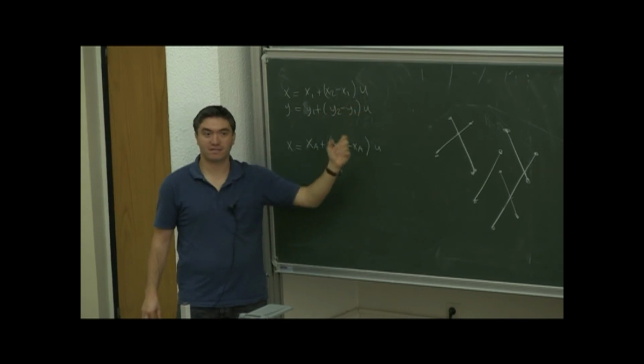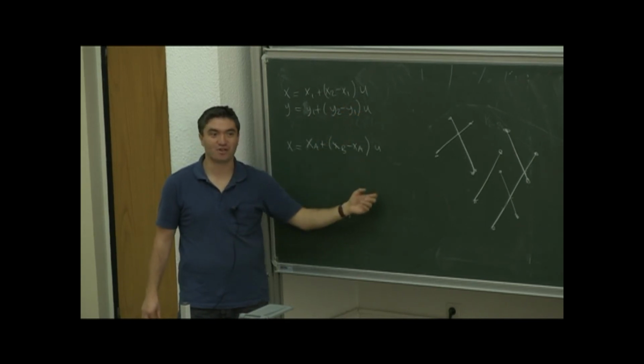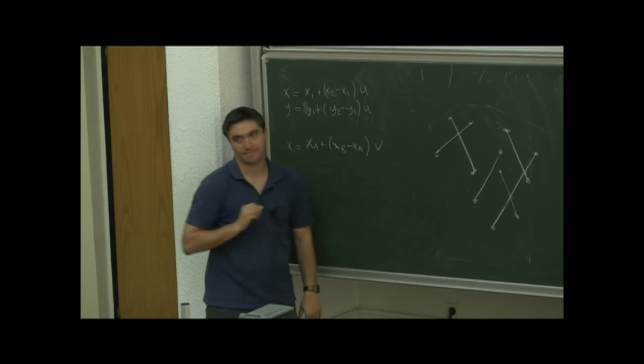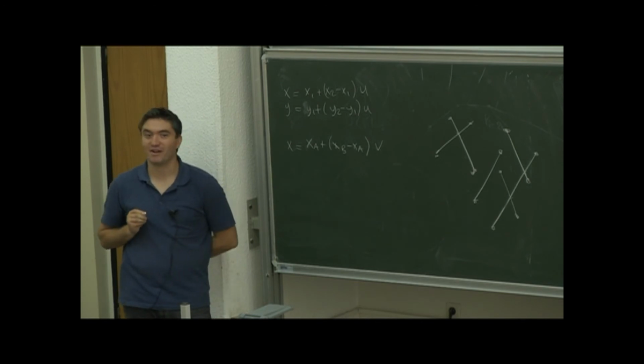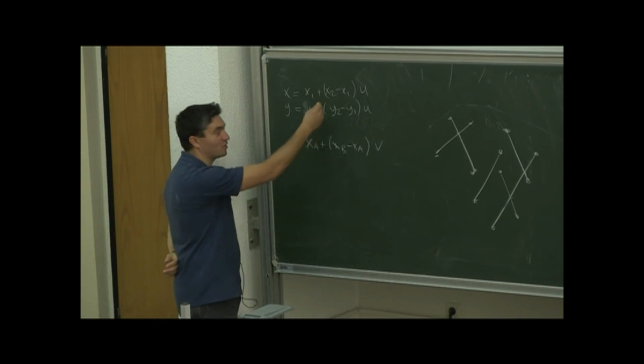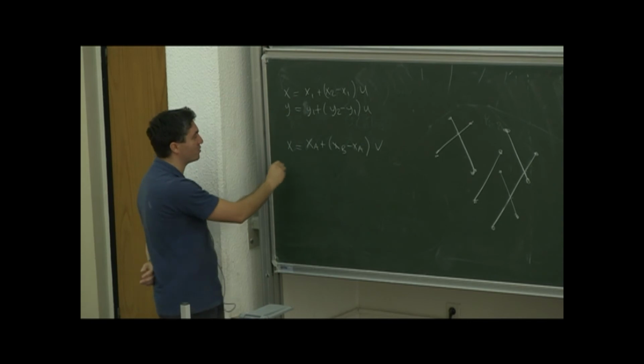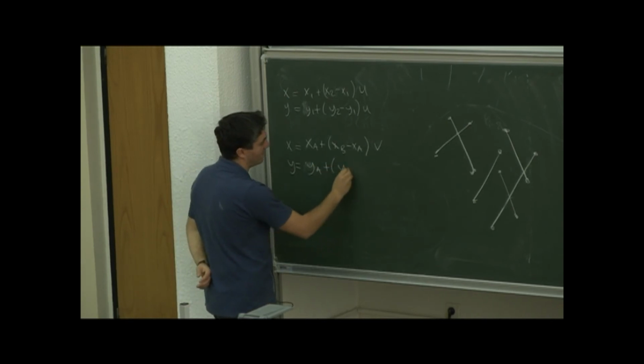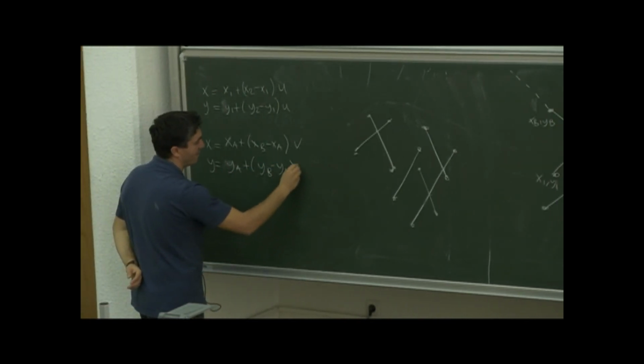This u is different than the u you are going to use for the other line segment. So, for example, let's name it v. We need to use a different variable for the other line segment if we are going to try to merge these two. So y is ya plus (yb minus ya) v.